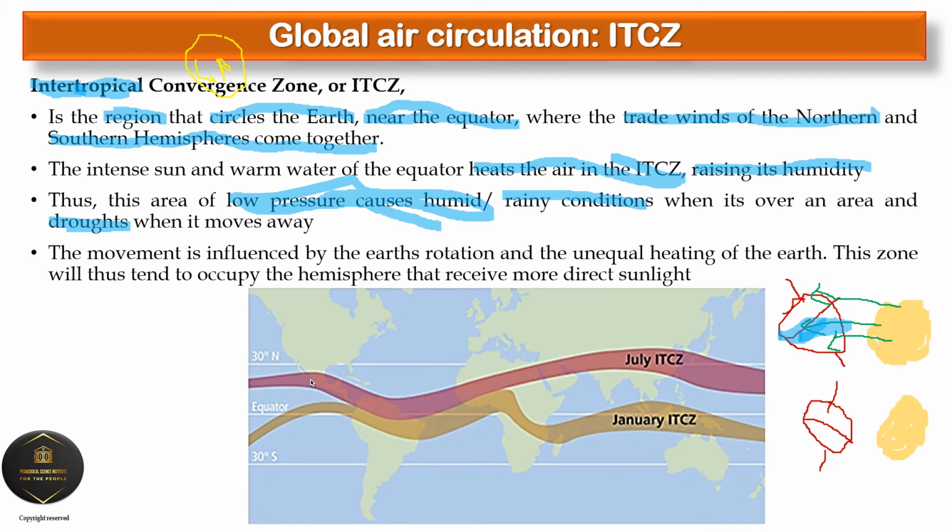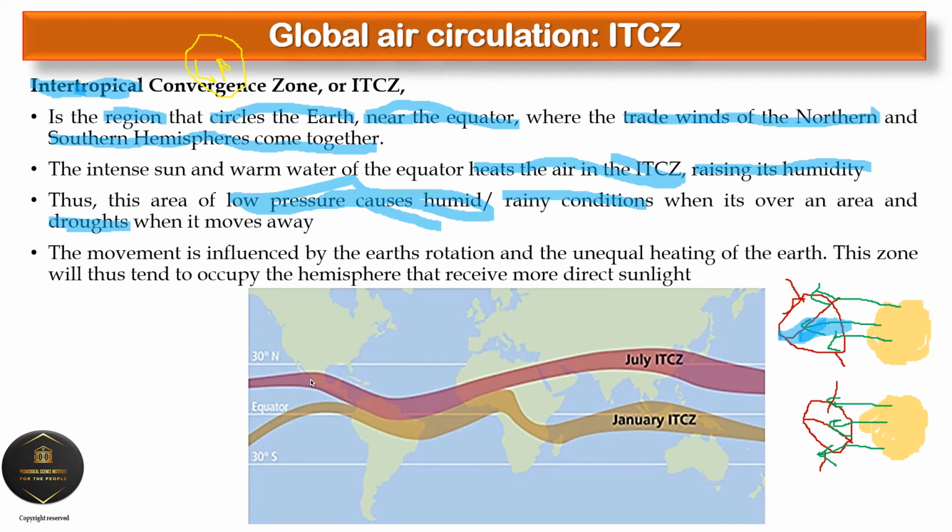And remember, the poles will get skewed rays from the sun, or oblique rays, while the equatorial regions get more direct sunlight. So the equator will get more direct sunlight, not the entire equator, remember that, because it is tilted, and the poles will get more skewed rays.